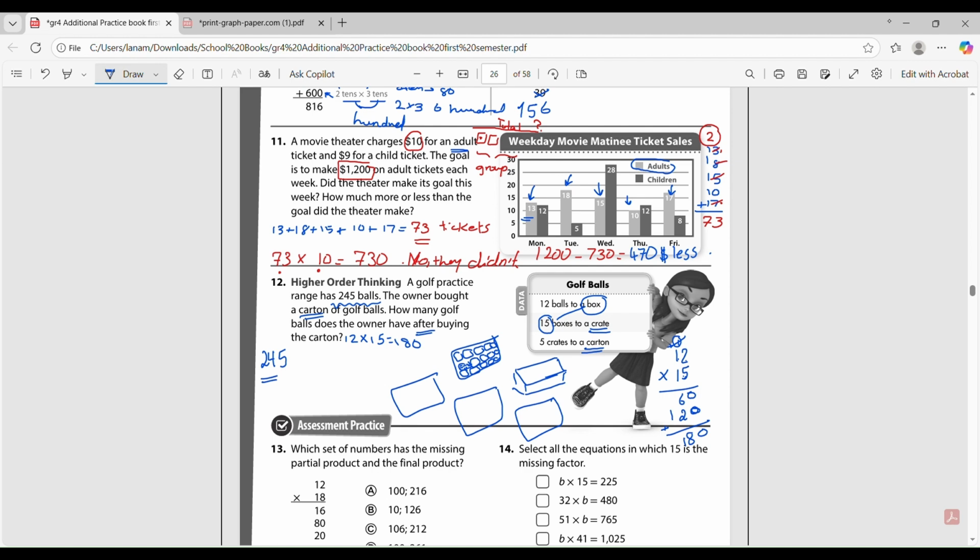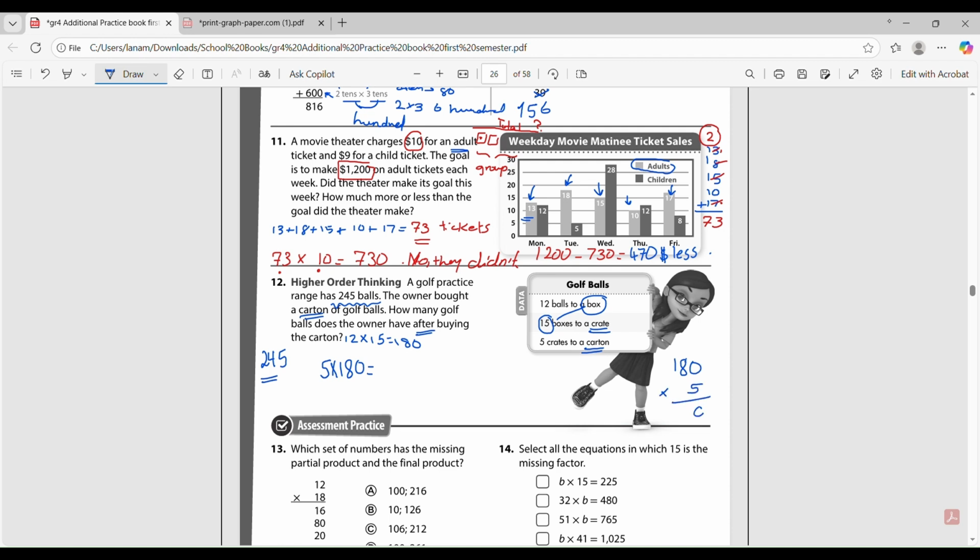In the 15 boxes. So I still have one crate. Okay, so in one crate we have 180 balls. Now we have 5 crates, so I'm gonna say 5 times 180 equals, so I have 180 multiplied by 5.